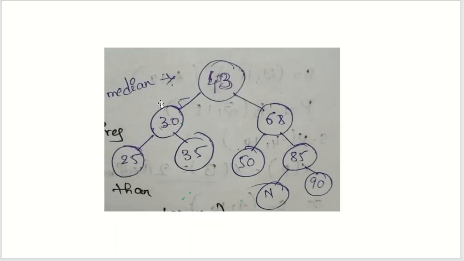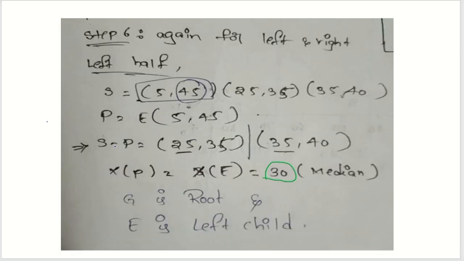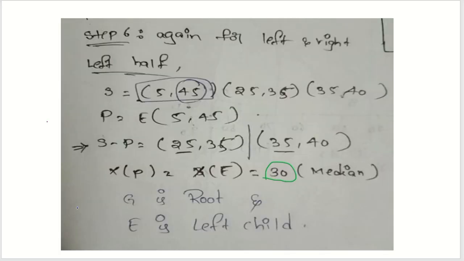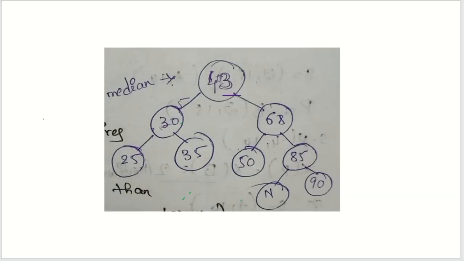So just check the median values also. See, I'm just taking the median values. For G, the root, what is the median? It is 43. So next for E, 30 is the median. So the same things I have mentioned here. See, 43, 30 is less than 43.